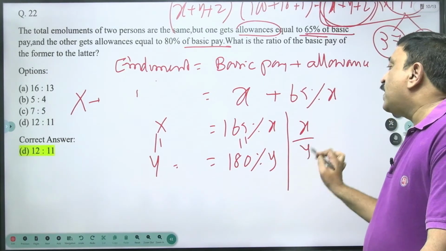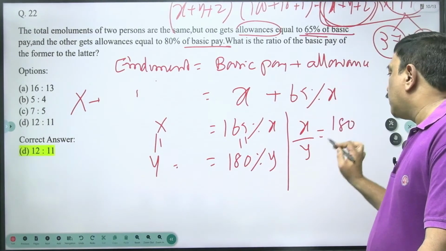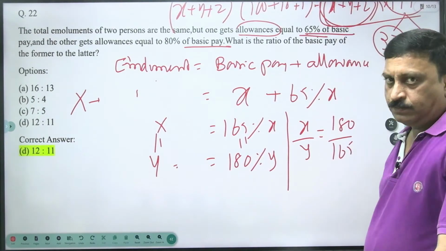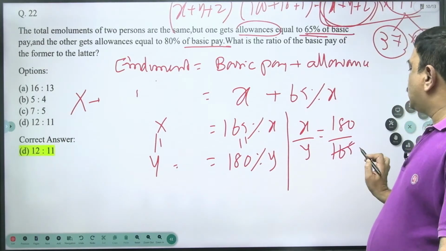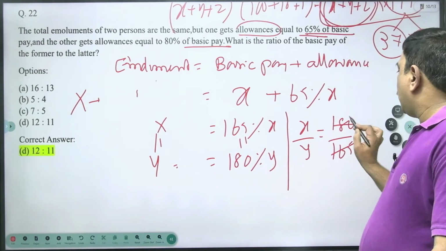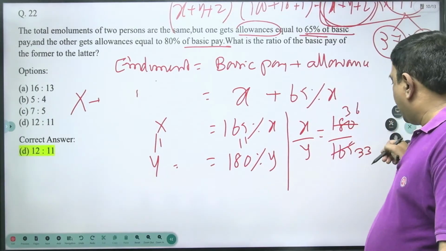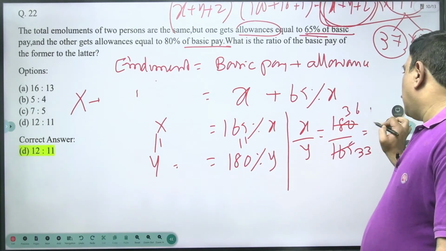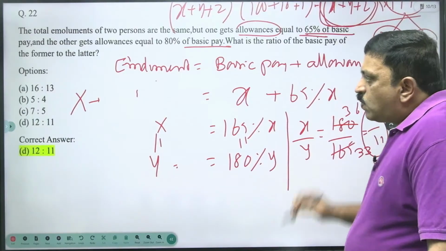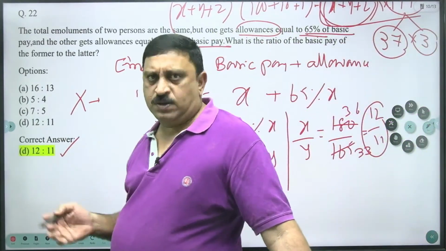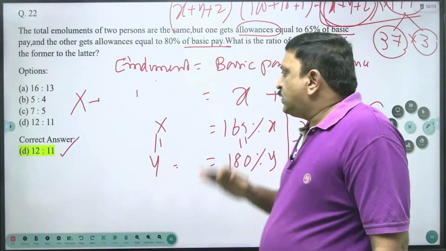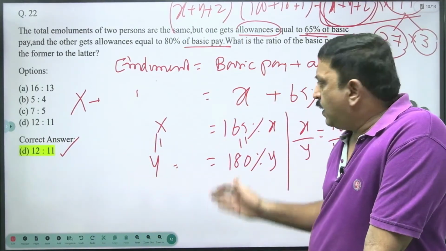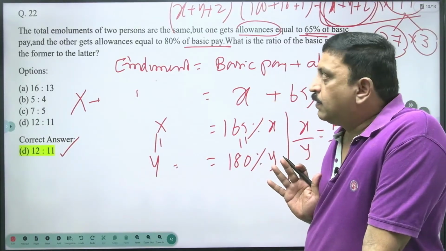So x by y is equal to 180 by 165. Dividing by 5, 36 by 33, nothing but 12 by 11. So your ratio is 12 by 11. There won't be any logical shortcut, you have to do it neatly, equation based. The next one.